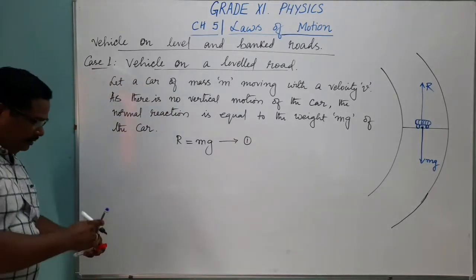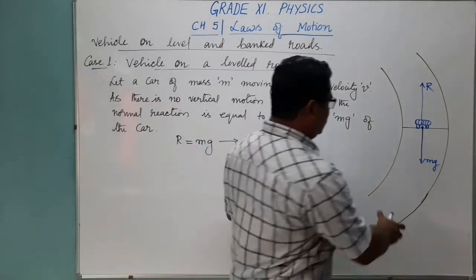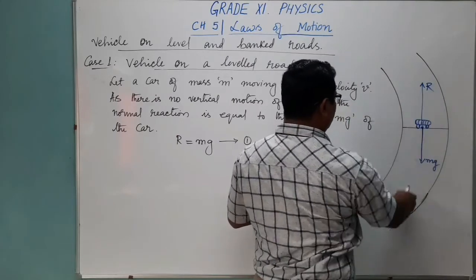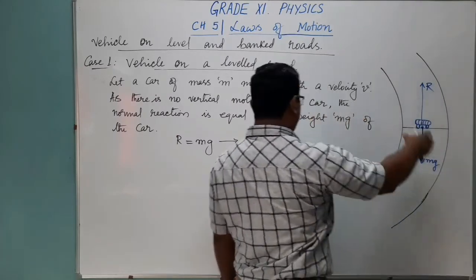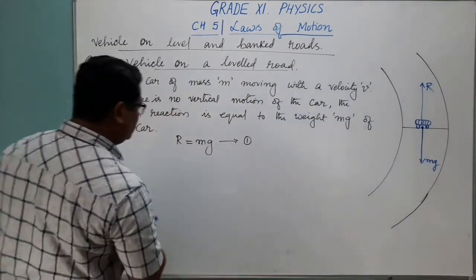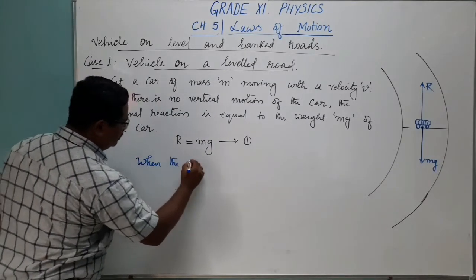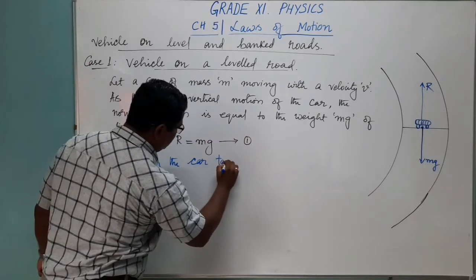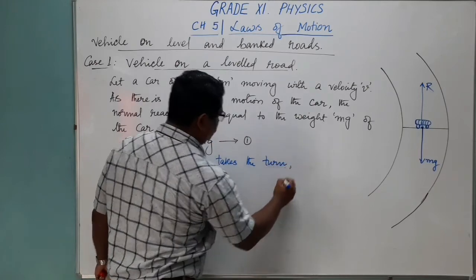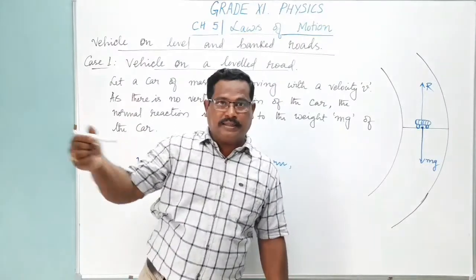Now the car is about to turn, suppose, as the road is having the turn, U-shaped or circular motion is there. When the car takes the turn, as we already learned, whenever a body is in circular motion, then a centripetal acceleration will be there.